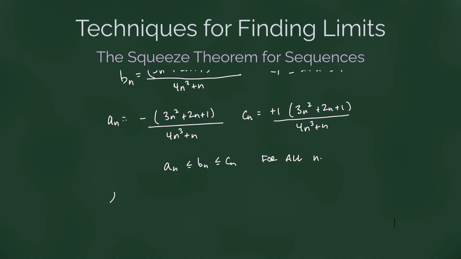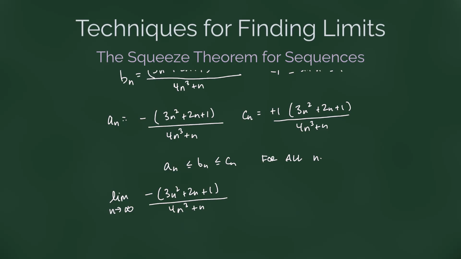If we look at the limit as n approaches infinity of negative 3n squared plus 2n plus 1 over 4n cubed, we know that we can consider the equivalent real valued function.